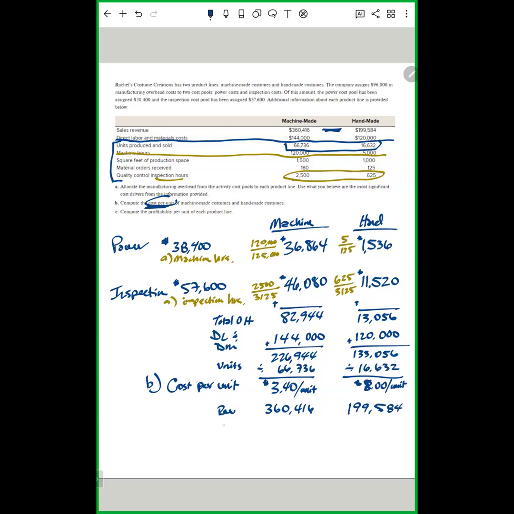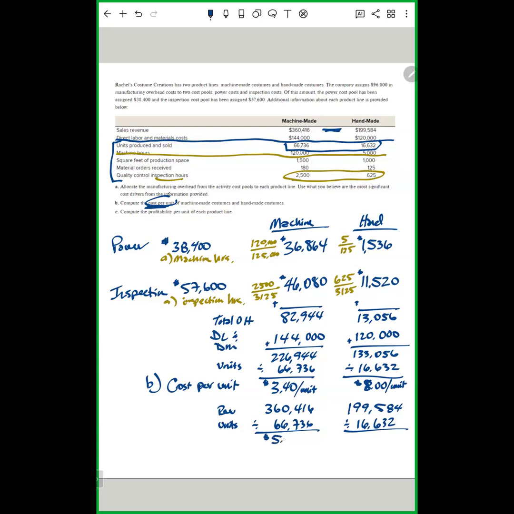And once again, I would divide by units. So 360,416 divided by 66,736.